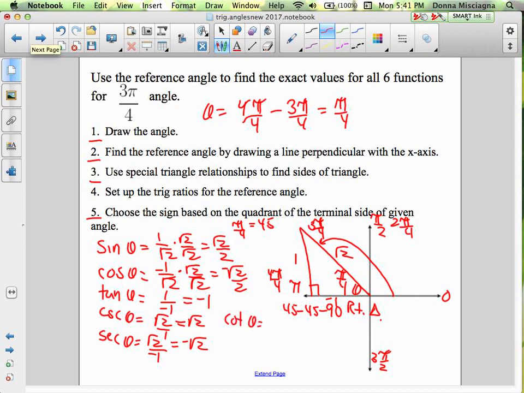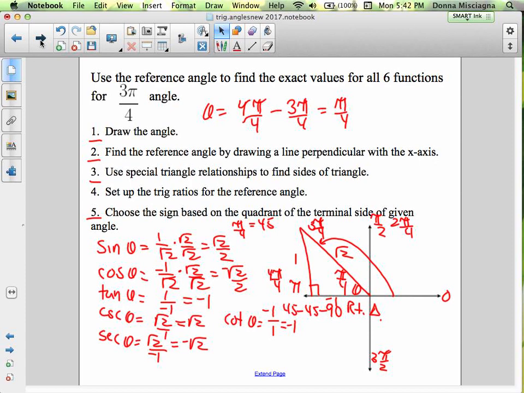And guess what? We're going to have the exact same thing: negative 1 over 1, which is still negative 1. So cotangent and tangent are the same thing for the 45, 45, 90 because they're using the same two sides, and those two sides happen to have the same measurement. The only thing different in this case is one is positive and one's negative. All right, so there we go. That's all there was to this one. We're just cruising right along.